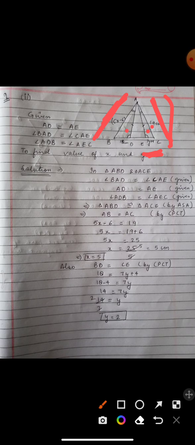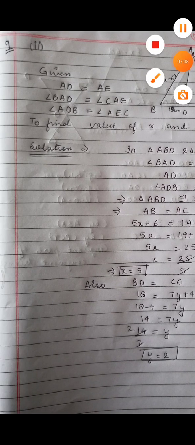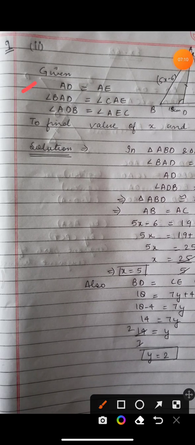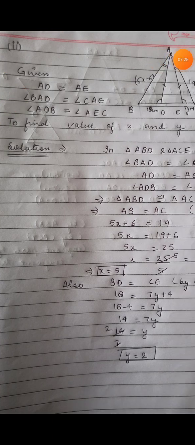First of all, we have written what was given in the question: AD is equal to AE, angle BAD is equal to angle CAE, and angle ADB is equal to angle AEC. Okay, so we have written the given part. Then we have written what we have to do: find the value of x and y.